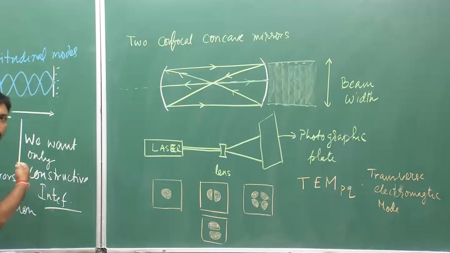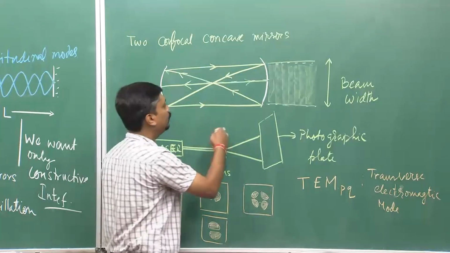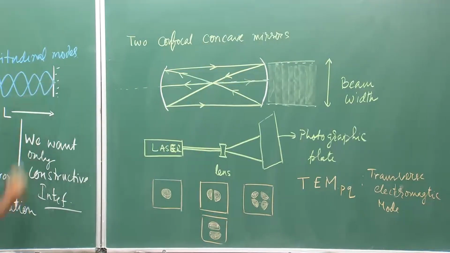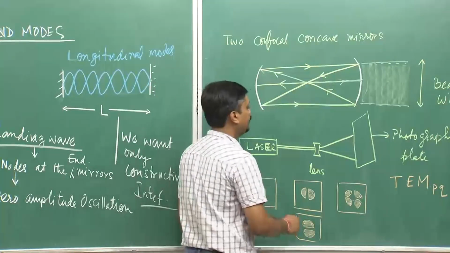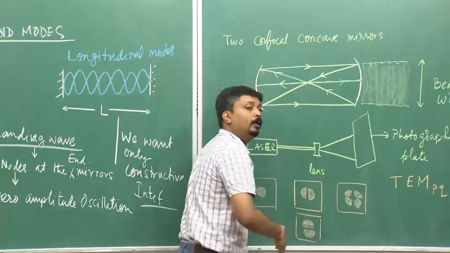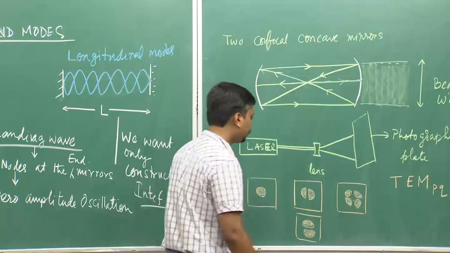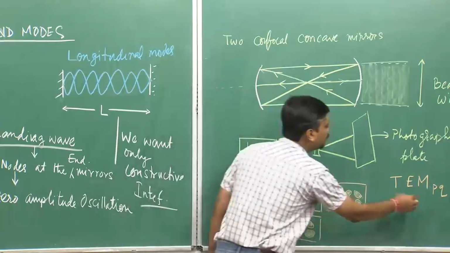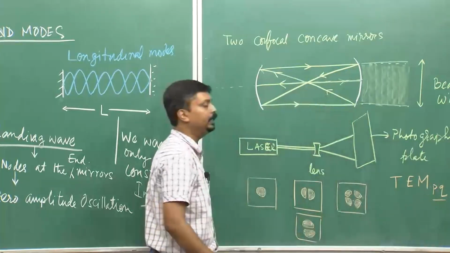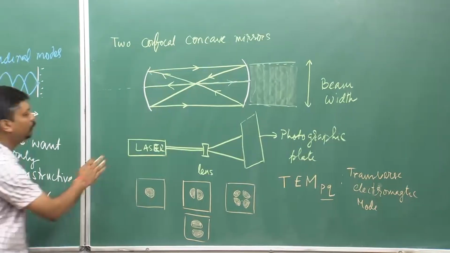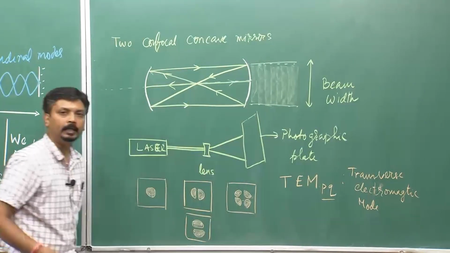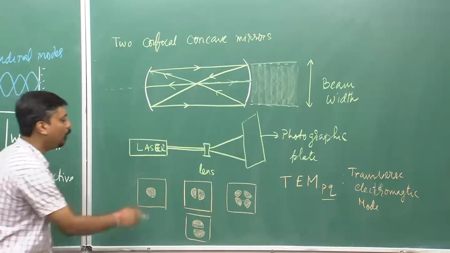That was longitudinal mode, this is transverse mode, and you can see the longitudinal mode was along this axial direction. Here this is actually in the perpendicular plane to the axial direction. So, how do we get this TEM PQ? I have shown the experimental design by which you can get it, and then how to read these things.